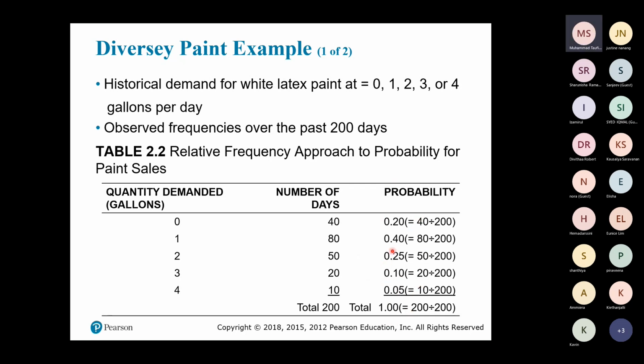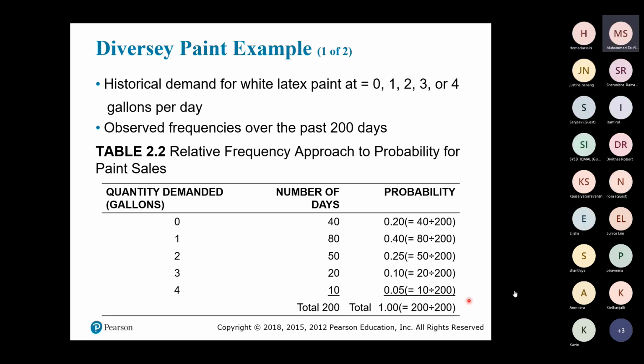Another thing is, if you total up all these probability numbers, 0.2 plus 0.4 plus 0.25 plus 0.1 plus 0.05, the total must be 1.